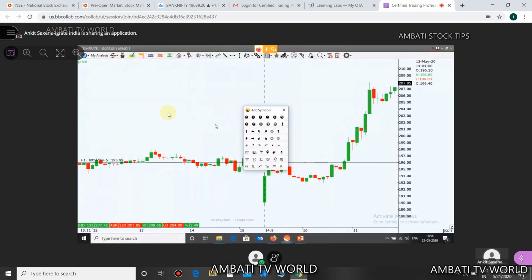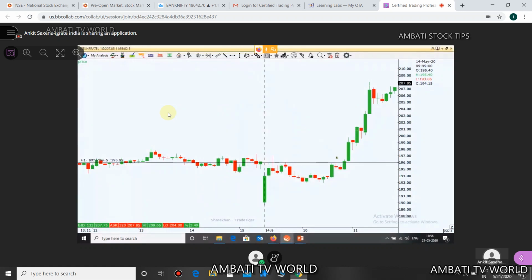Tell me. In these two candles, what has happened? Base candles, right? They have formed base candles.